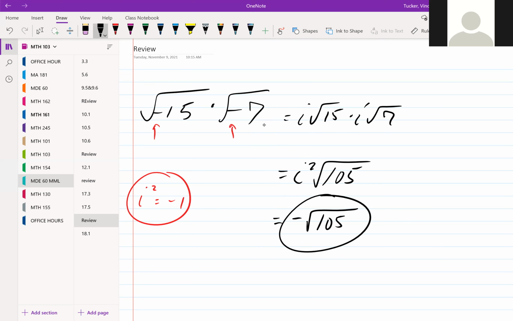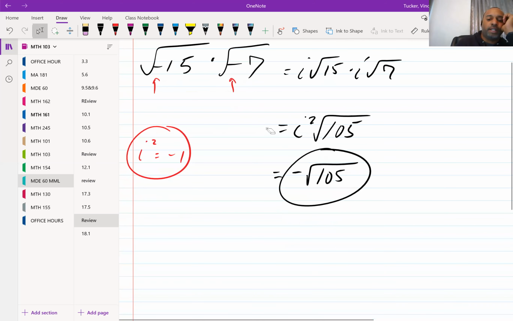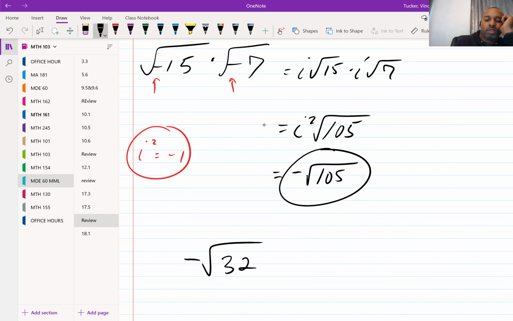So will it be like that for solving all of the questions like this? Yep. You always want to bring out that i first, because if you have a negative under the radical, i squared always simplifies to negative 1. Now, if I could break this down, then I would. Let's say my result was negative square root of 32.